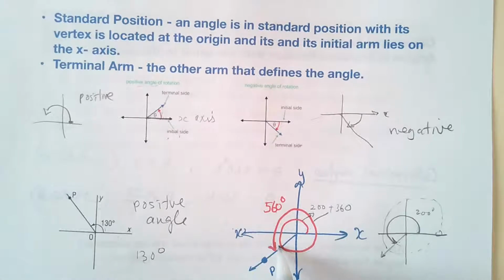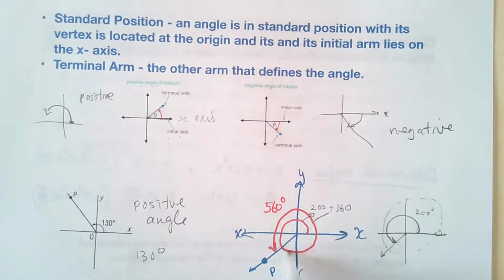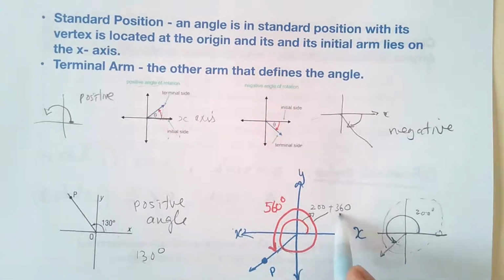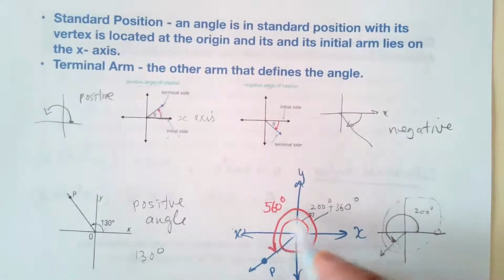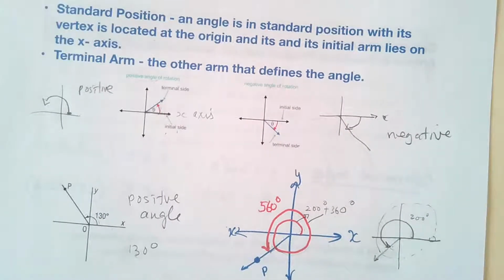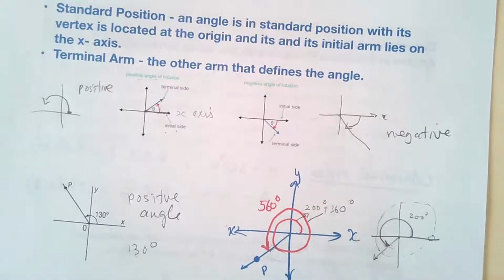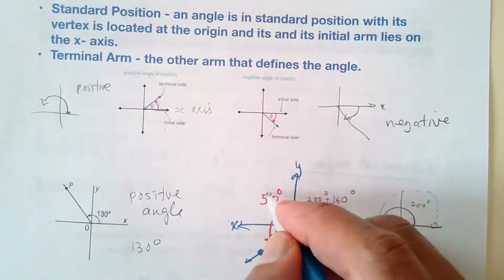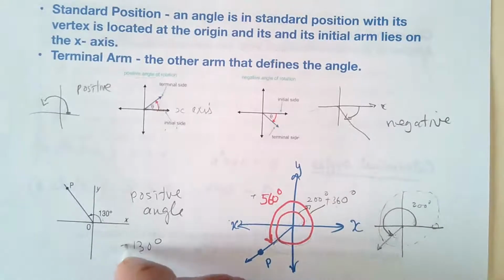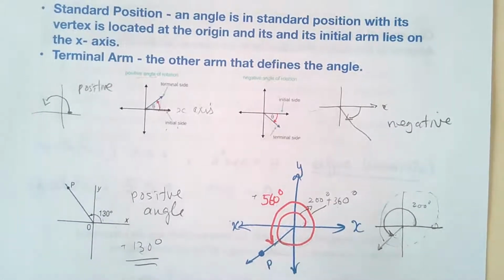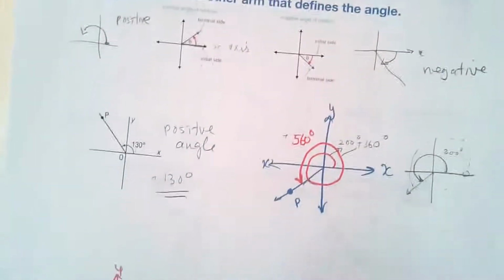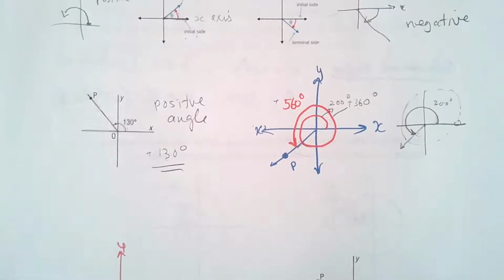If it rotates a complete cycle, it's another 360 degrees. The sum is 560 degrees. Notice these are all positive angles, but the positive sign is not written in front of them. So positive 360, positive 130.